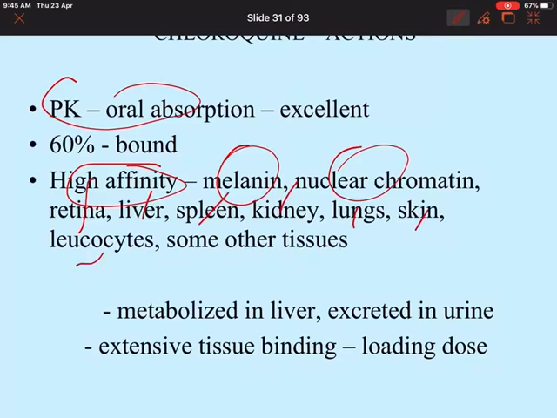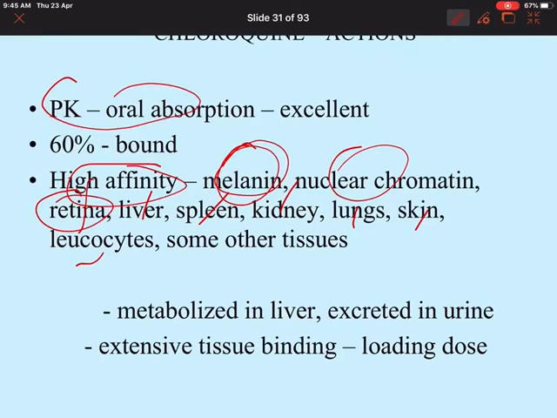What that means is adverse effects are going to be common with these structures. Like in the retina, it can cause blindness, and in melanin-containing tissue, greyish discoloration of hair.